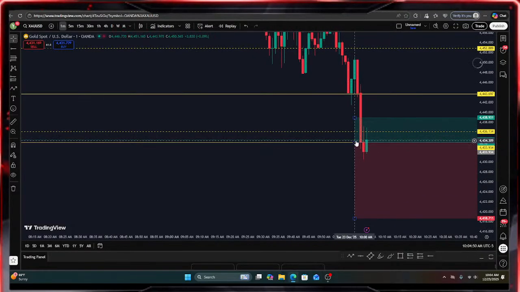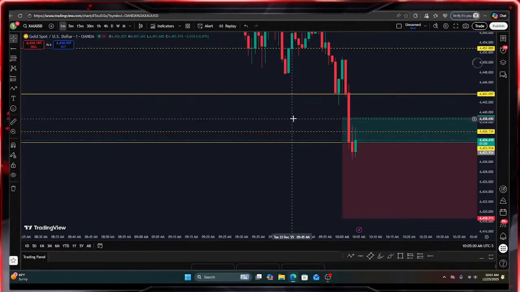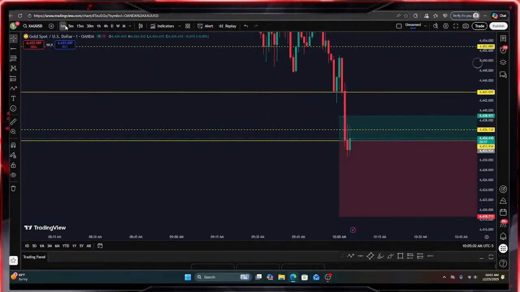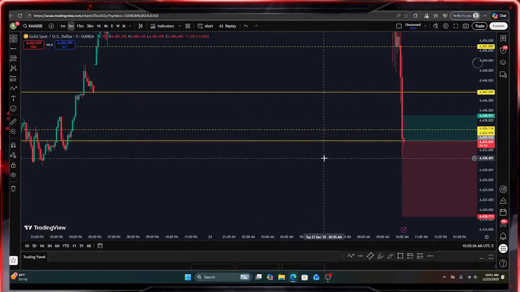It hasn't flipped bearish on MT and TradingView as yet, but on MT5 it already flipped bearish. So I can't go risk free as yet, but let's see if we can push up and tap that level again. Let's see if this candle can flip.